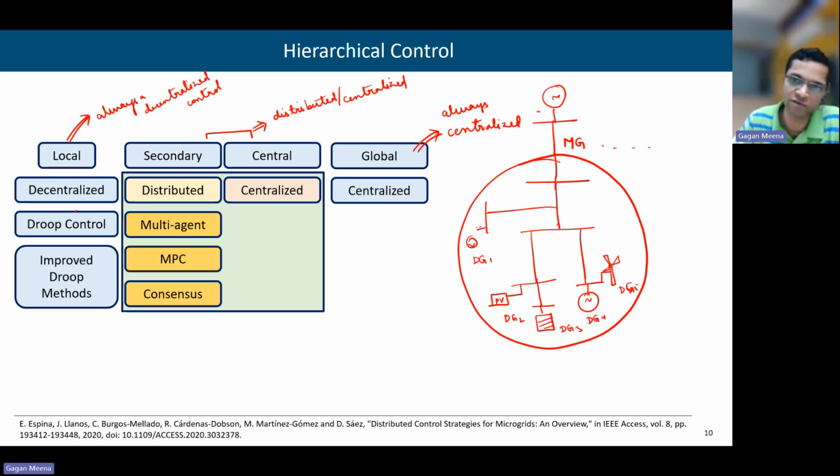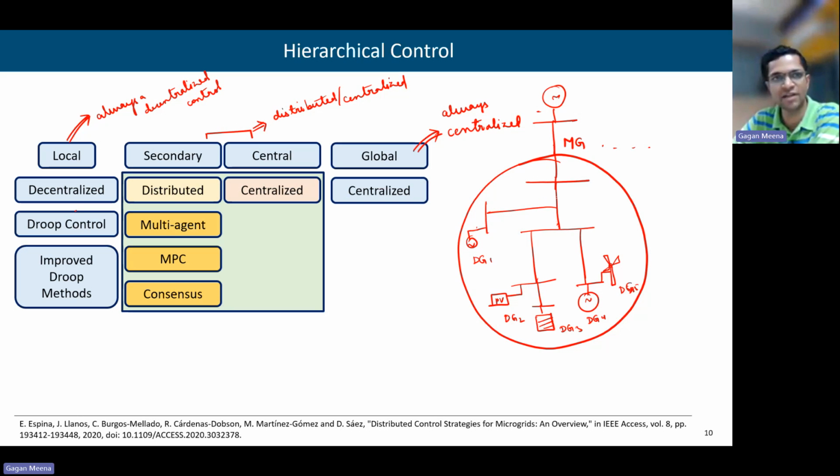The effect of these individual local controls will be on the entire microgrid. That will give a particular voltage level here, and also influence the frequency, the mismatch or balance between load and generation, which will affect that balance also.